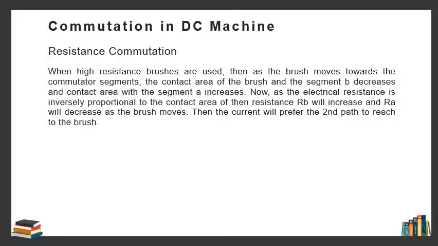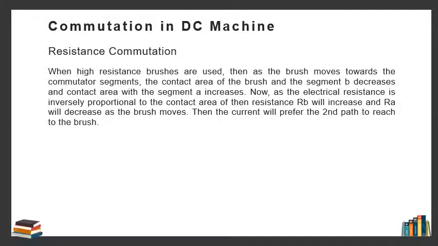So when high resistance brushes are used, as the brush moves towards the commutator segments, the contact area of the brush and segment B decreases, and the contact area of segment A is increased.